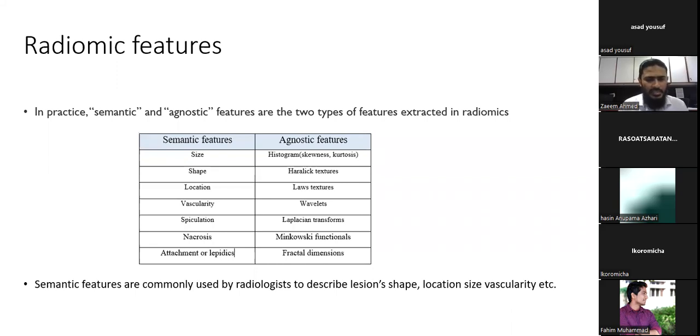Mostly clinical terms are associated with these features, and they usually specify the type, shape, and volume of the lesion. The agnostic features are basically the ones mostly used in radiomics.